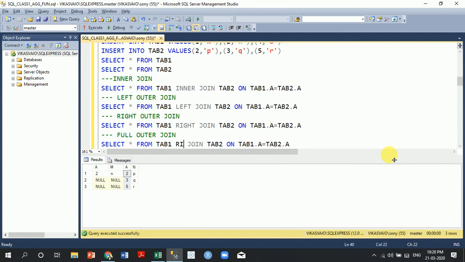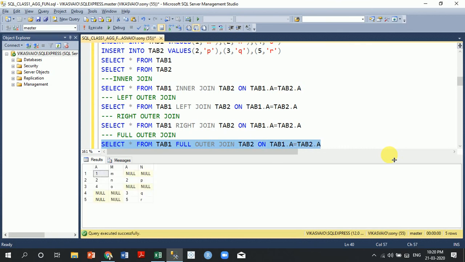If I write full outer join and execute this query, my result will altogether change: the common records are coming from both the tables, but see, all the records are considered from the left table, as well as all the records from the right table.